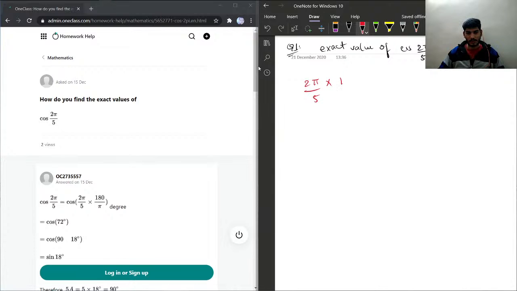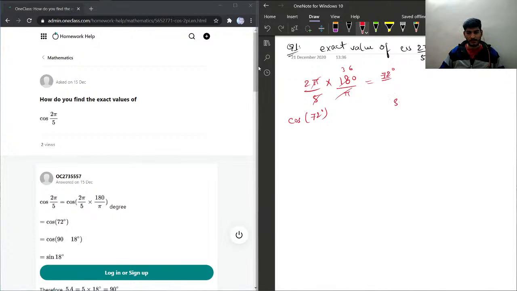This will be 180 over 5, and this will become 36 times 2, which is 72 degrees. So we need to find cosine of 72 degrees.